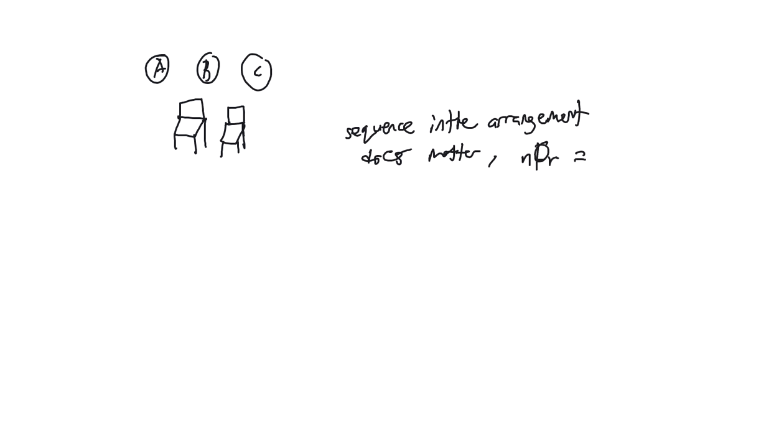So if the sequence in the arrangement does matter, then it is nPr, which is 3 factorial over 3 minus 2 factorial, for 2 chairs, so that is 6 arrangements.